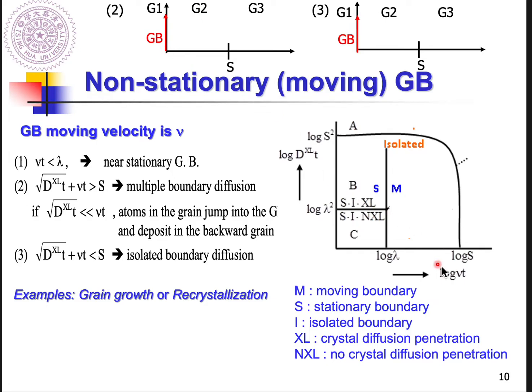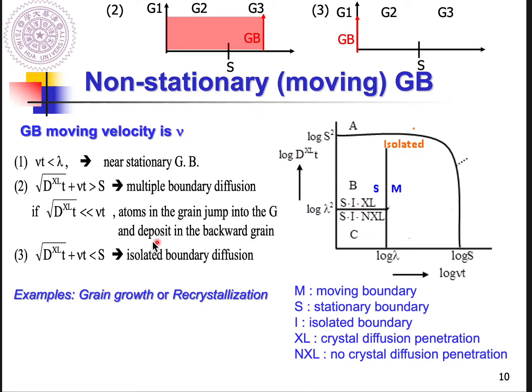What does vt larger than s mean? It means this boundary moves more than s. So you can expect the diffusion pattern to be the multiple boundary region, like region A, diffused through the whole material, right?